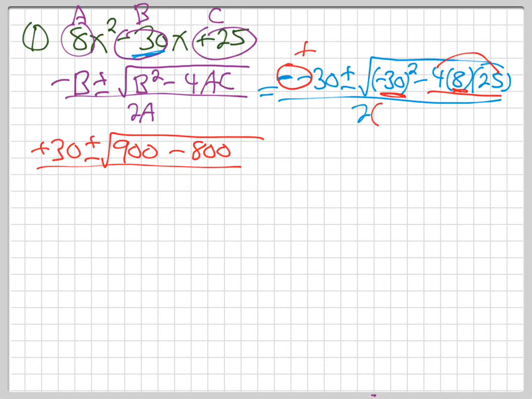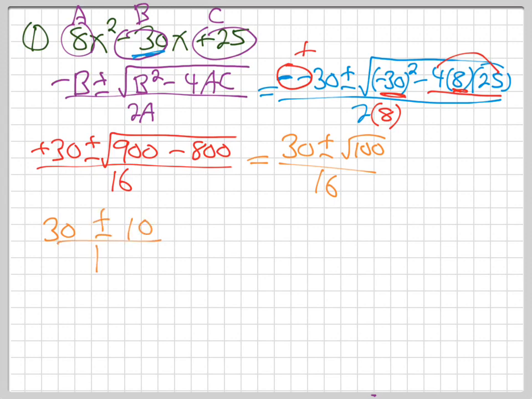The a should have been 8, so this would be 16. All right. And so where does that go? So that's equal to 30 plus or minus the square root of 100 over 16. So that's 30 plus or minus 10 over 16, right? Because square root of 100 is just 10, no more root. Remember, after you do the square root of 100, it vanishes when it becomes a 10.